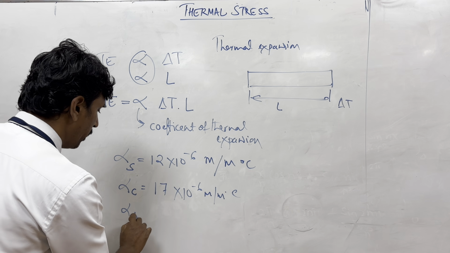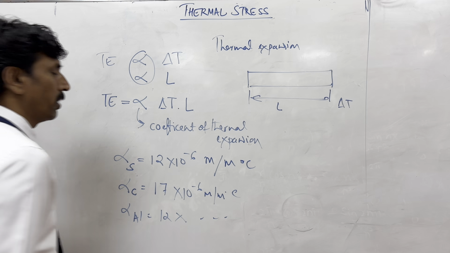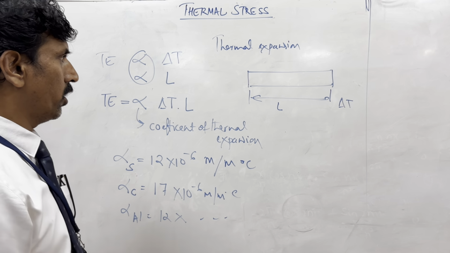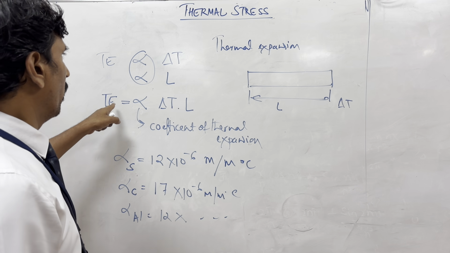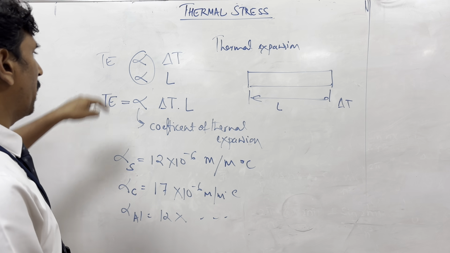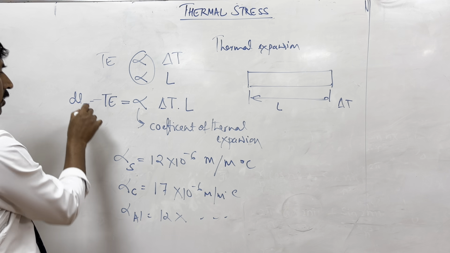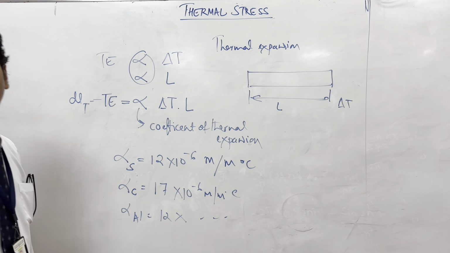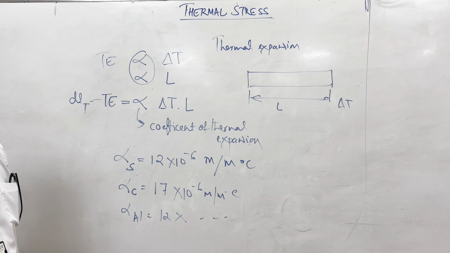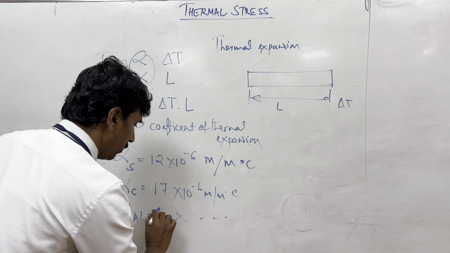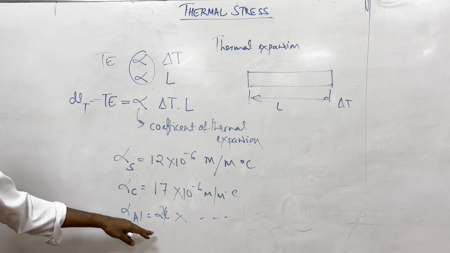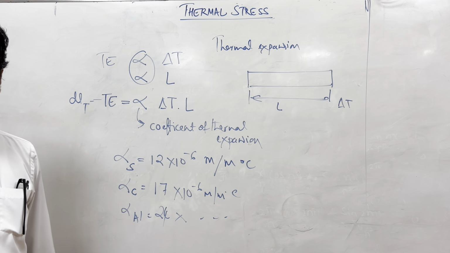And for aluminium it is the highest, which is actually 24. Steel is 12, copper is 17. Aluminum has got almost double the expansion when compared to steel. So these are the coefficients of thermal expansion.